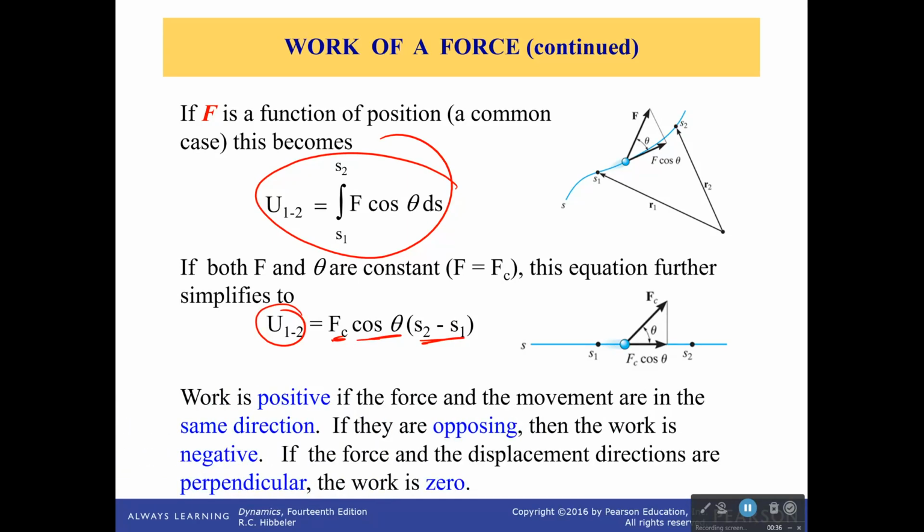Work is positive if the force and the movement are in the same direction. However, if they are opposing, then the work is negative because you are removing energy. If the force and displacement are perpendicular, the work is 0, because we have cosine of theta here, and when theta is 90 degrees, it goes to 0.